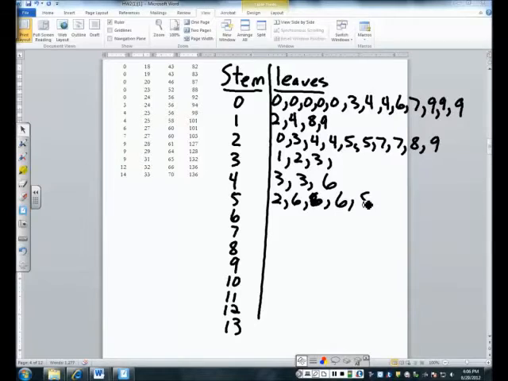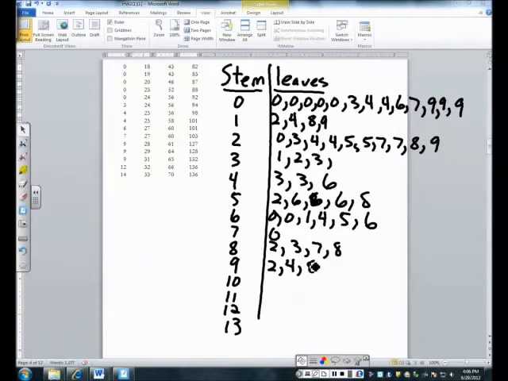And the 60s, pair of zeros, a 1, a 4, a 5, and a 6. And then in the 70s, just one number. And the 80s, 2, 3, 7, and 8. Then in the 90s, 2, 4, 8.